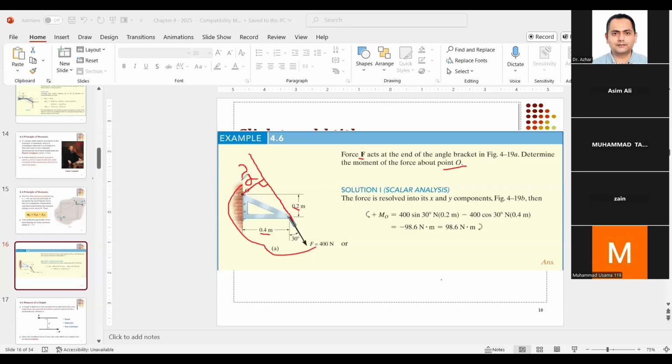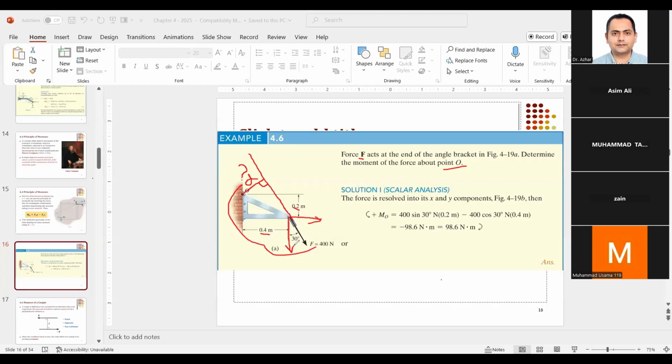Now, how do we solve this problem? We will use Varignon's theorem. We cannot find the moment directly by F into d, but we can resolve our force 400 Newton into a horizontal component and vertical component.